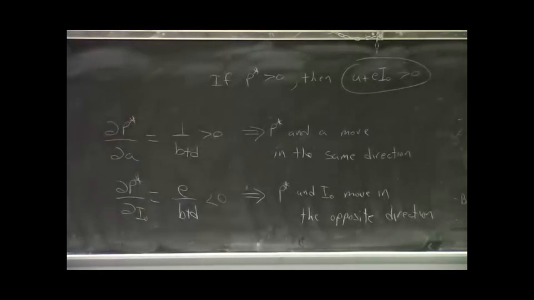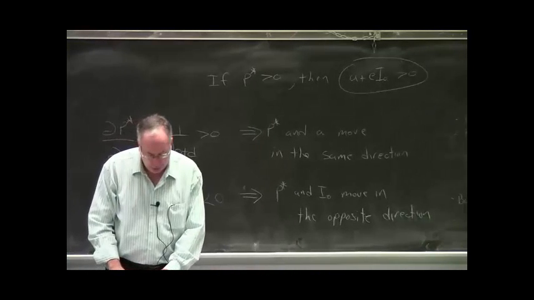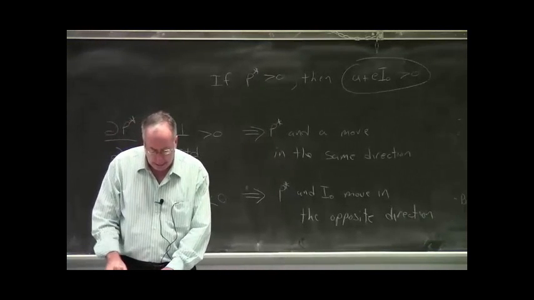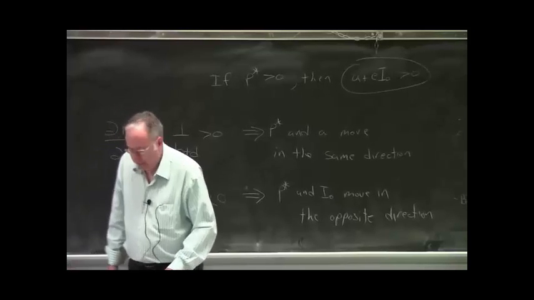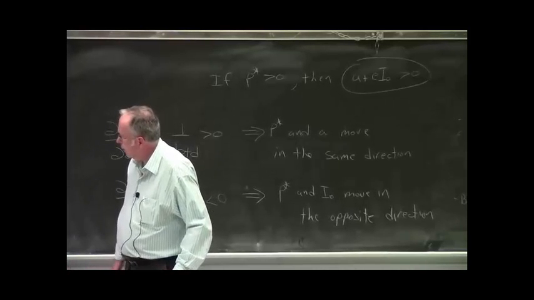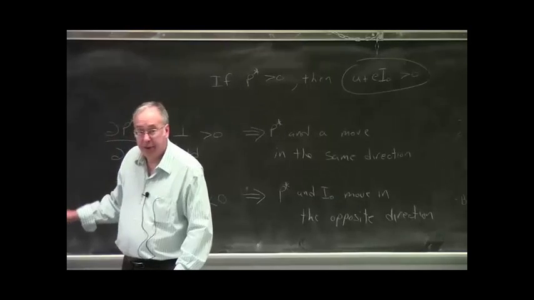Then I also ask for partial P star, partial B, didn't I? And actually, we know that partial P star, partial B, and partial P star, partial D are going to be the same.